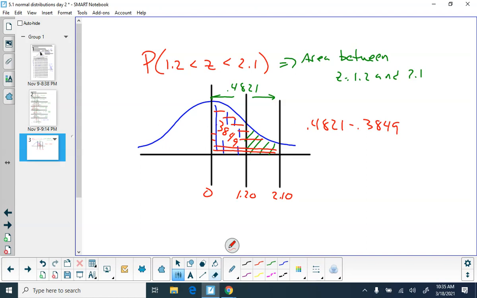So I can subtract those two off. What do we come down to? 0.0972, which is the probability. It's an area, it's also a probability.